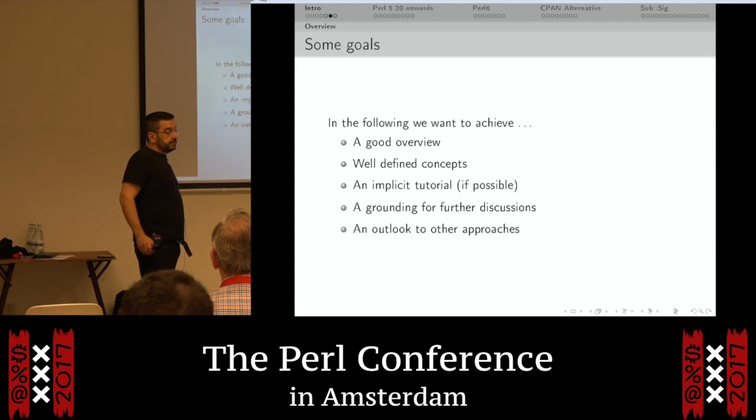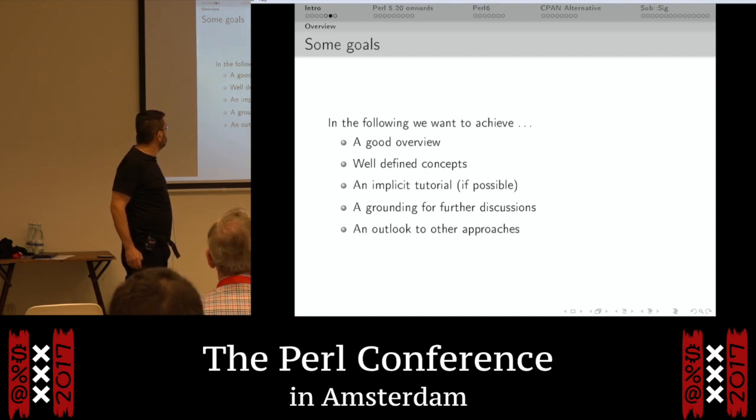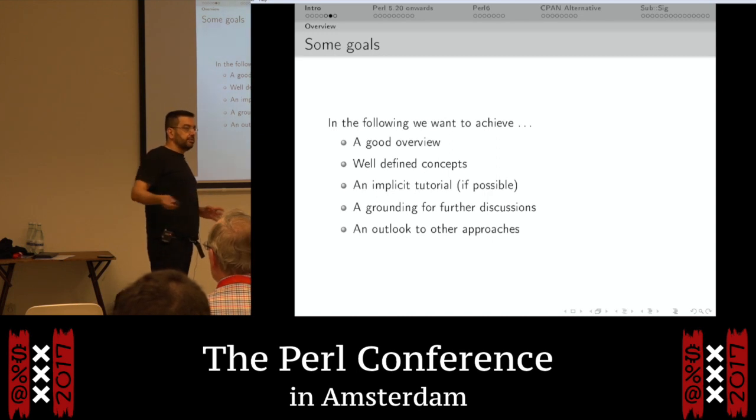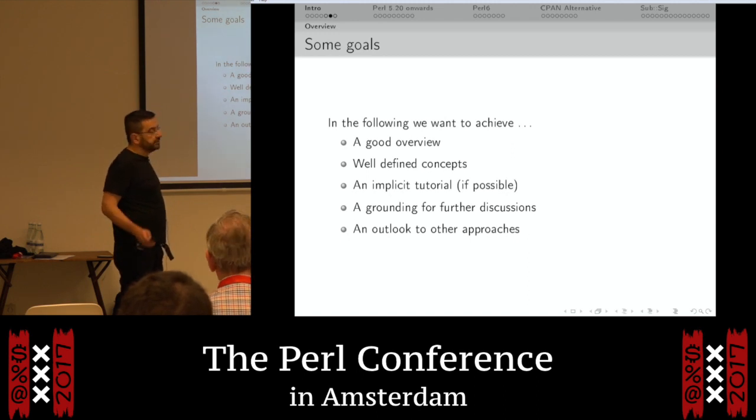I hope to address different needs, to give you a good overview about the subject, to show you the concepts in a well defined way, and to give those of you who want to use one of these approaches a good tutorial and a grounding for further discussions.